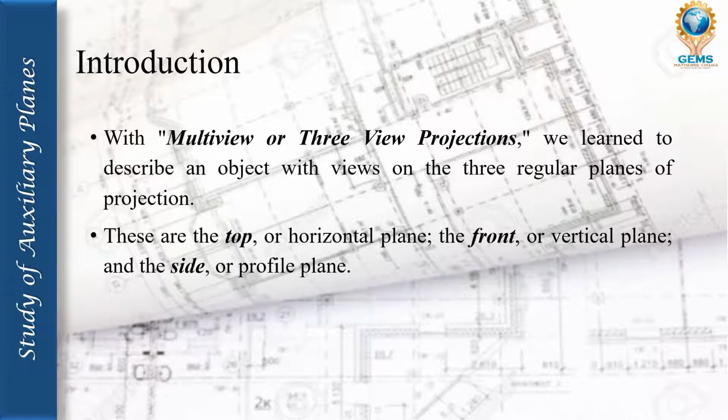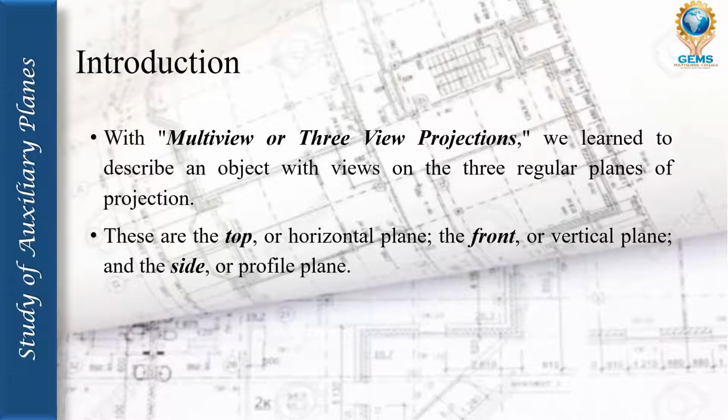You can consider the abbreviations also: TH, T for top and H for horizontal; FV, F for front and V for vertical; and the last one SP, S for side and P for profile. So the top or horizontal plane, front or vertical plane, side or profile plane.